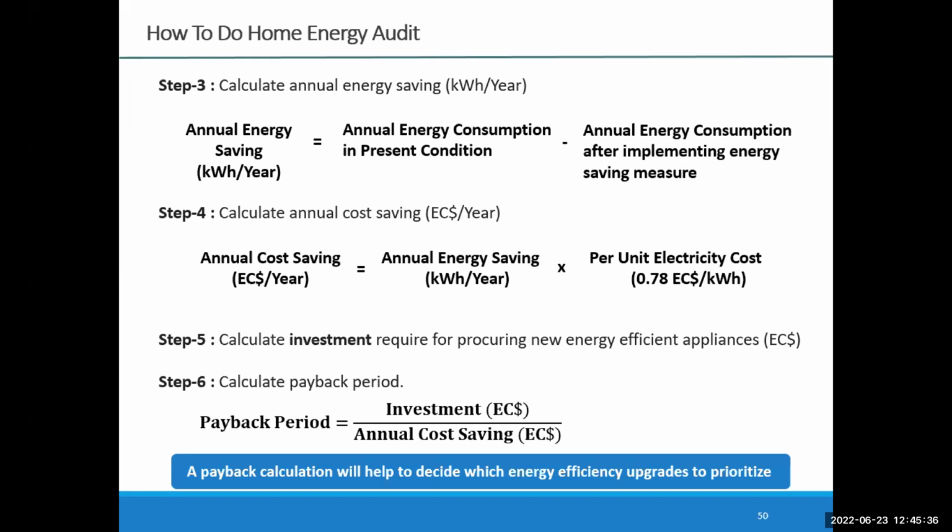We will get the period in terms of years here. So the payback period calculation is the main deciding tool to take a decision on what kind of energy efficiency upgrades are to be prioritized.